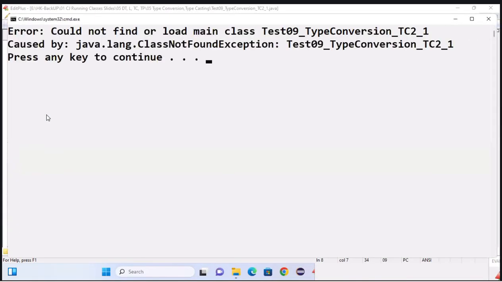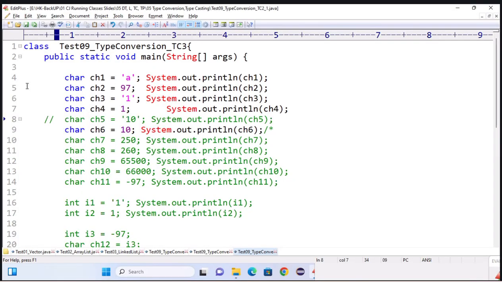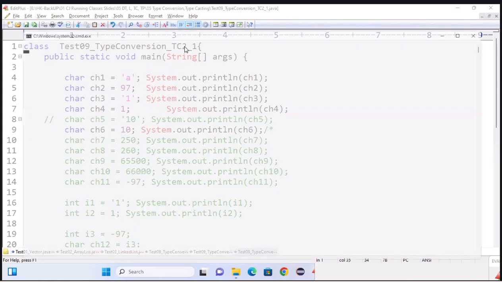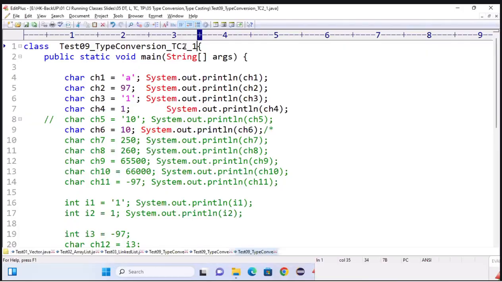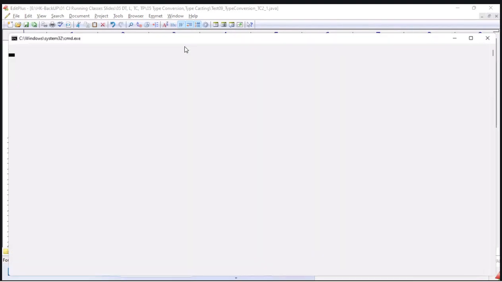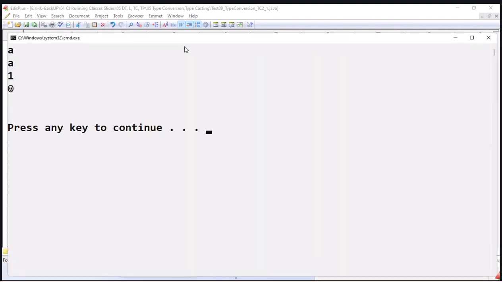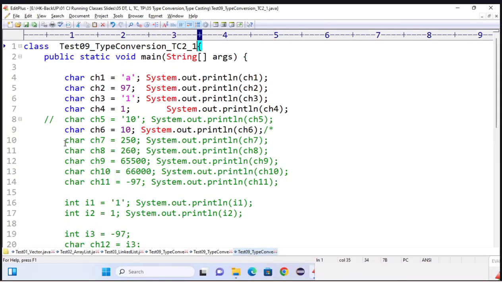One line gap will come. What is coming? One line gap is coming, an empty line. 10 represents an empty line.